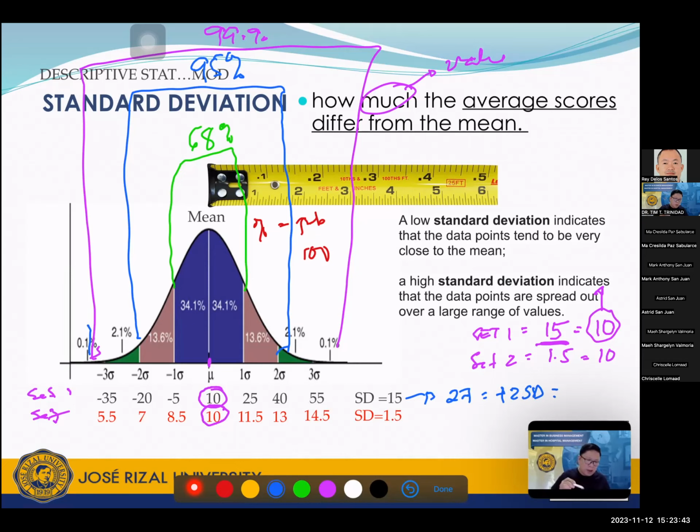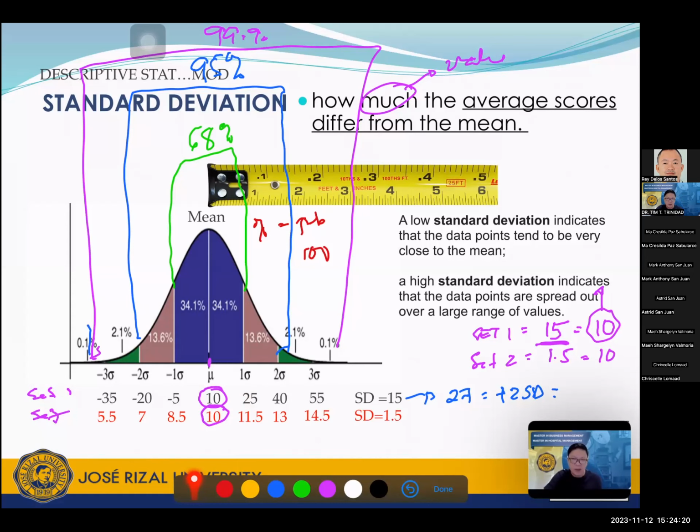What is the possibility of you having a score between -5 and 25? 68%. So chances are you will belong to +1 or -1 standard deviation if your score is somewhere between -5 and 25. So that is the meaning of all this in terms of this scale of the standard deviation.